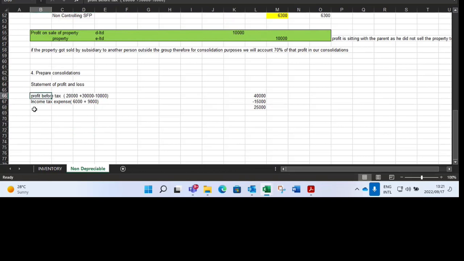Yes, sir. And then we have profit before tax, income tax expense, then net profit for the year. Then we have other comprehensive income if we have any. I didn't see anything to do with the revaluation, so it means it's 0. And then we have a total comprehensive income for the year.